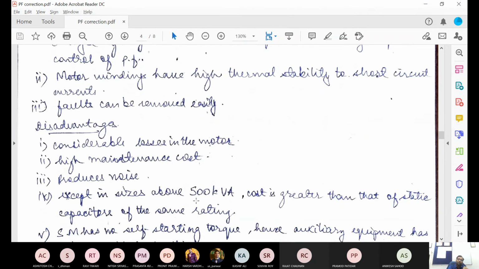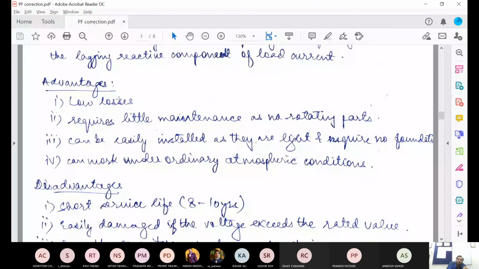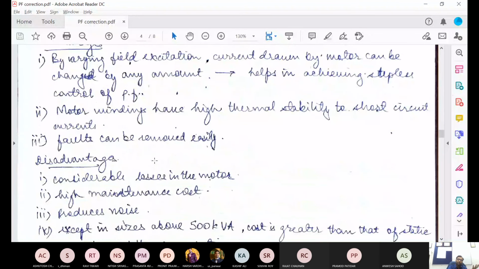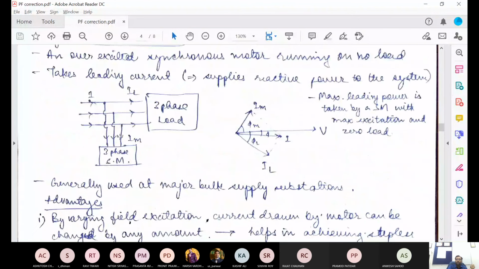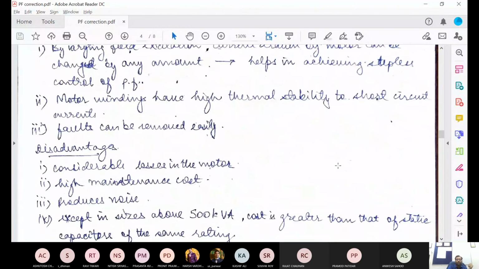And disadvantages: there are still considerable losses in the motor, whereas the advantage with the capacitor bank was that there were low losses. Here there will be both mechanical and electrical losses. Electrical losses will be less because we are operating at zero load, but there will still be some stray losses, and mechanical losses will be there.